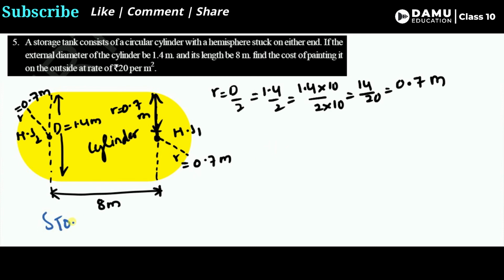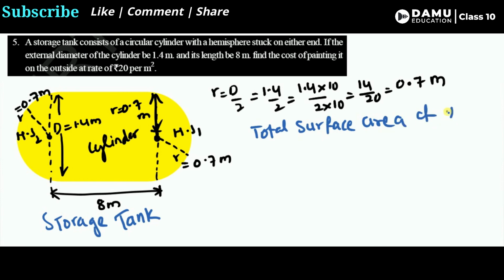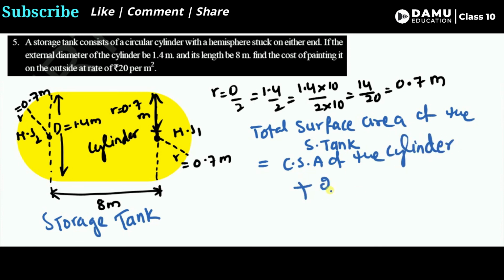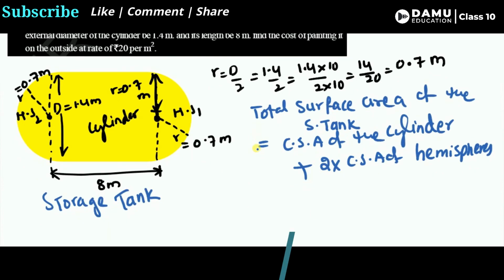So the total surface area of the storage tank will be equal to the curved surface area of the cylinder plus 2 into the curved surface area of the hemispheres. It is based on the previous questions only. So first find the curved surface area of the cylinder.